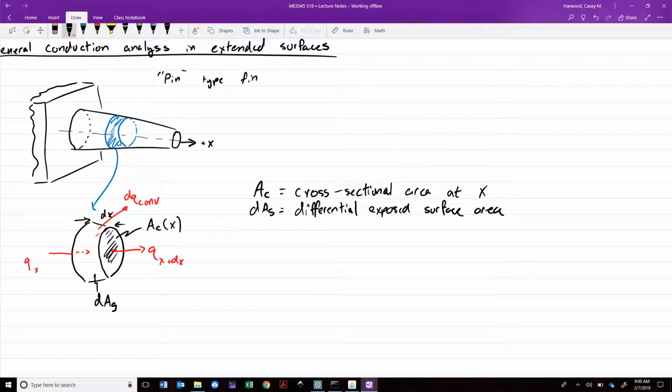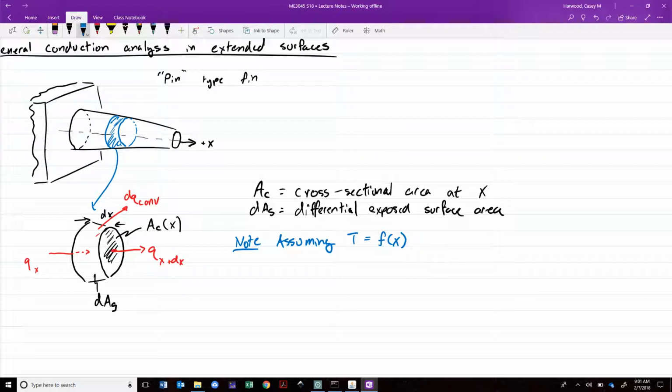I want to make one little note here in terms of what we're going to be assuming. Note, we are assuming that the temperature is still a function only of x. I mentioned before that when you have fins, it's not, strictly speaking, a one-dimensional heat transfer problem anymore. That's the case here because we're assuming that convective heat transfer is occurring through the surface in directions other than x. But we're still going to assume that the temperature varies only along the x direction.